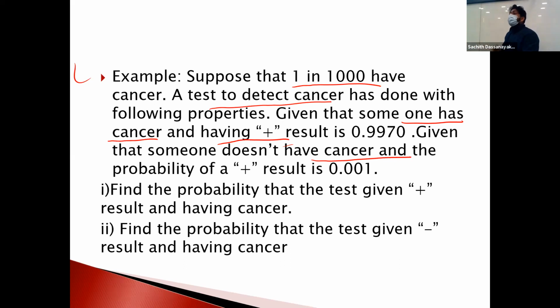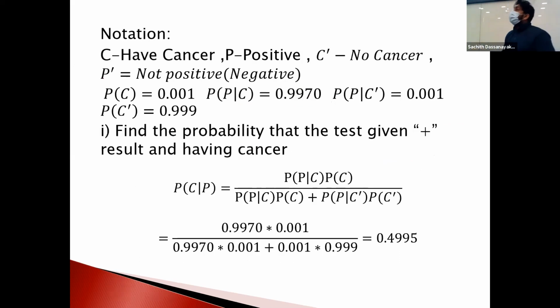So if you have a question like this, first you need to mention what the events are. I think they asked 2 questions, we can see that. First you need to define the events. Event capital C we mentioned here is having cancer. Capital P means positive. So P dash means negative. P is positive, P dash means negative.